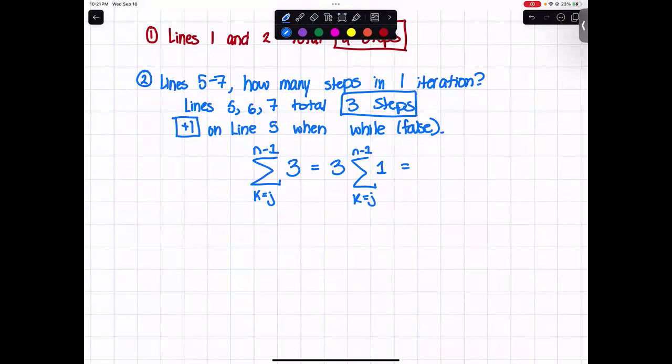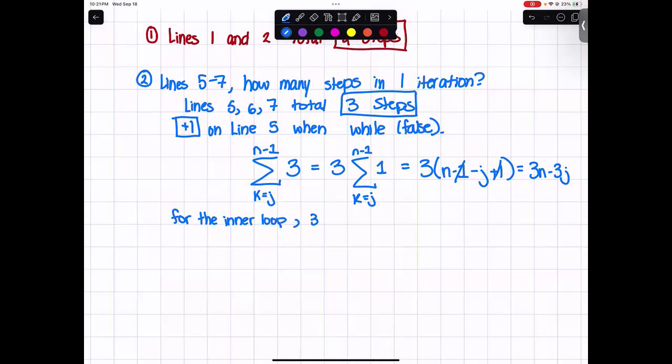And now we can use our summation identity where we do this minus this plus 1. These are going to cross each other out. We end up with 3n minus 3j. And of course, we don't want to forget that extra +1. So for the inner loop, 3n minus 3j plus 1 steps are executed.